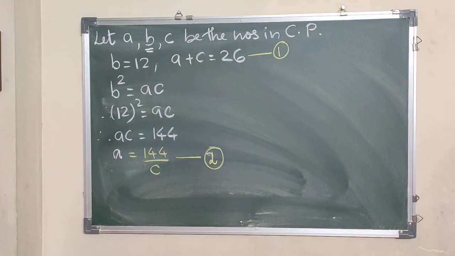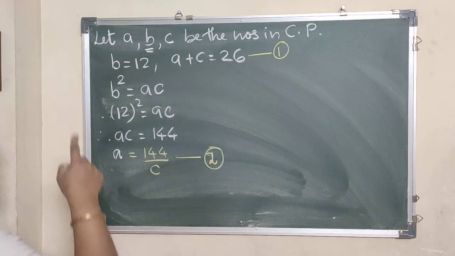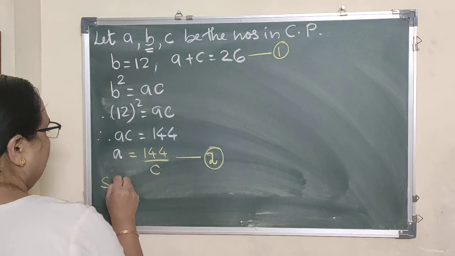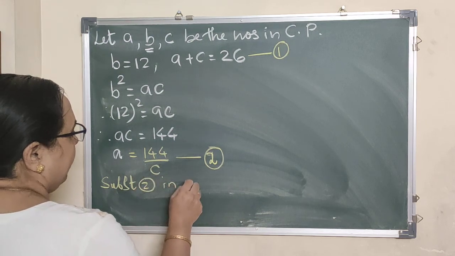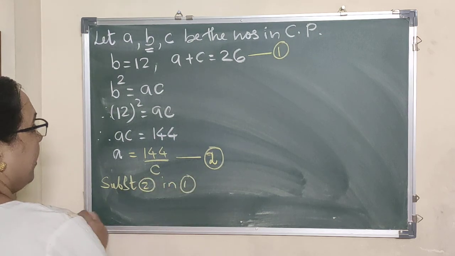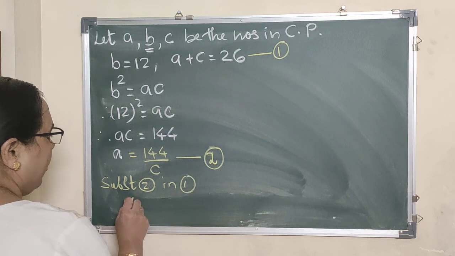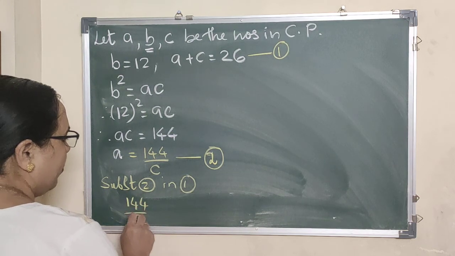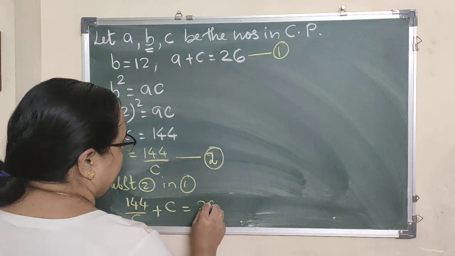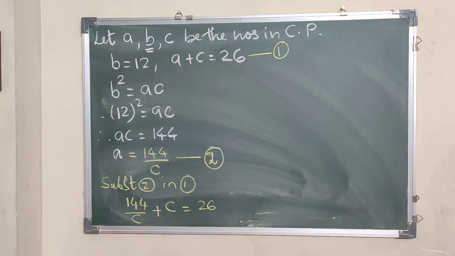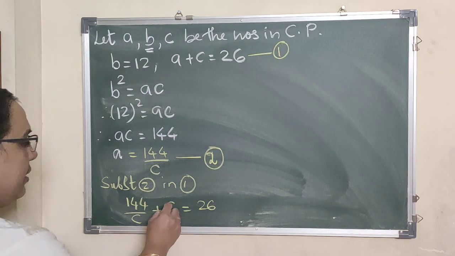Now, I substitute the value of A from equation 1 in equation 2. What do I get? 144 upon C plus C equals 26. Right? Equalize the denominator.